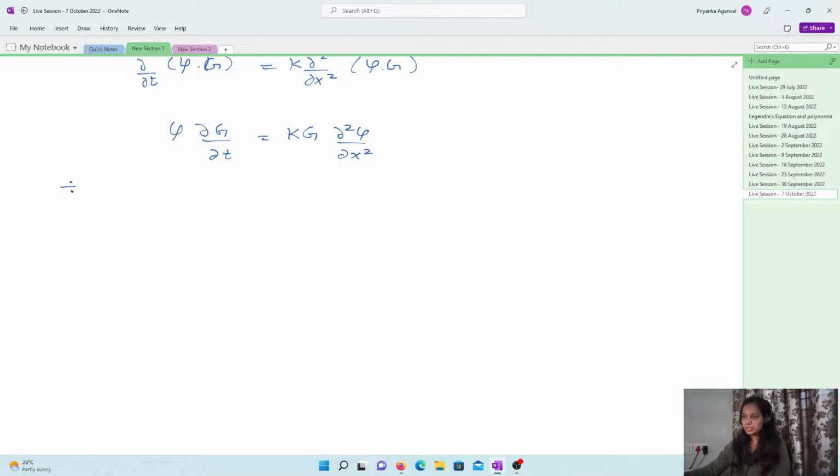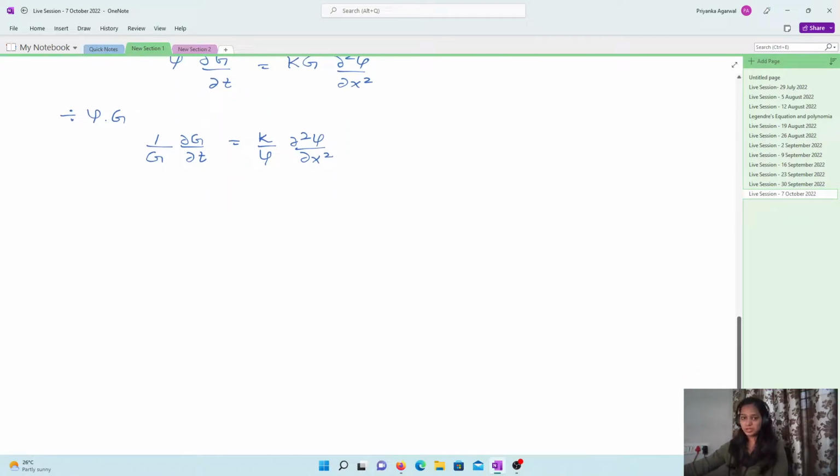Now let's divide by psi into g. So what we have here is 1 by g del g by del t equals k by psi into del square psi over del x square, right? So we have this form. Now let's divide by k.